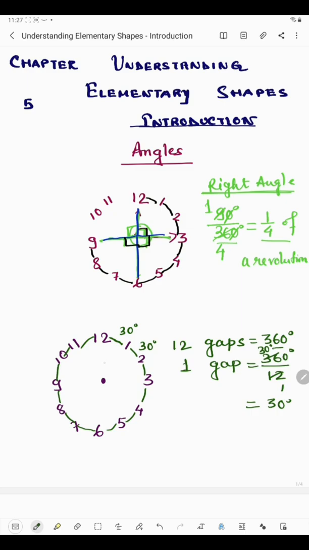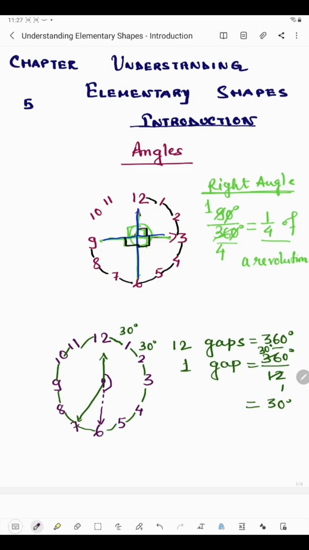Now suppose the hands of a clock rotate from 12 to 7. What part of the revolution is it? We already know that if it rotates from 12 to 6, it makes 180 degrees because it's a straight angle.